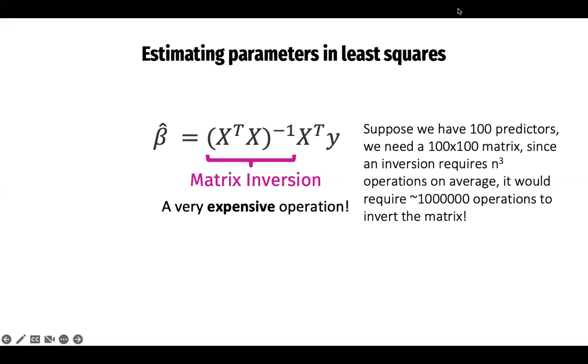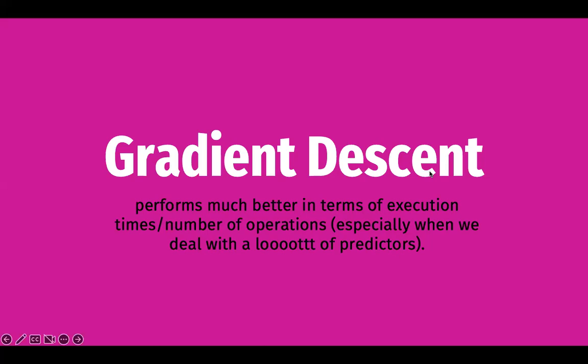So suppose we have 100 predictors, and so we need a 100 by 100 matrix. Since an inversion requires n cubed operations on average, as you can see, we take the dot product of these two, invert, and then take the dot product again. So it would require at least 1 million operations to invert the matrix. So it is very expensive.